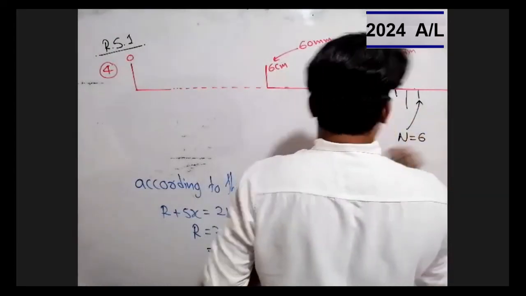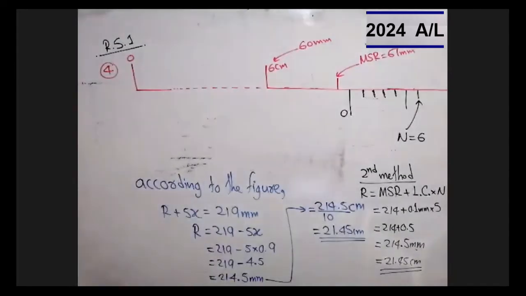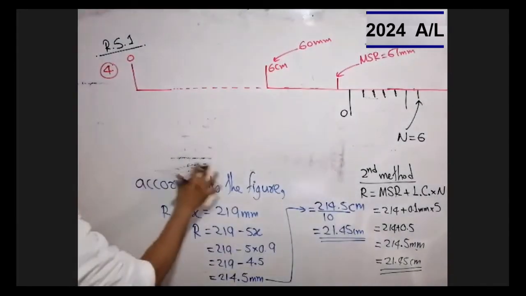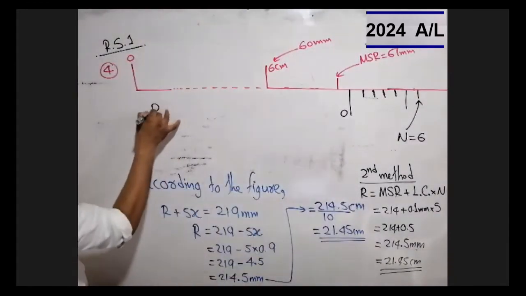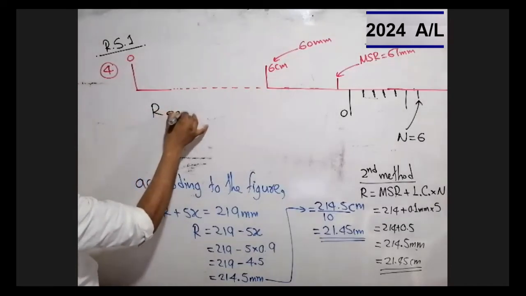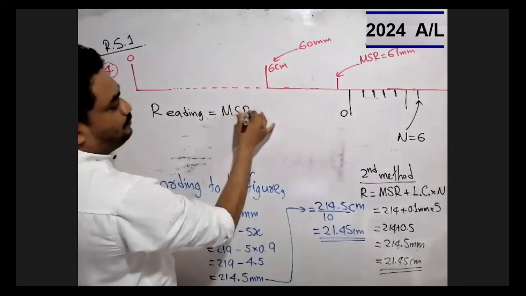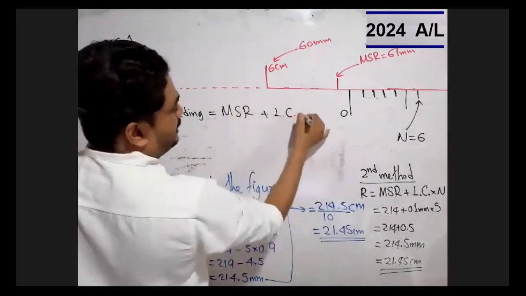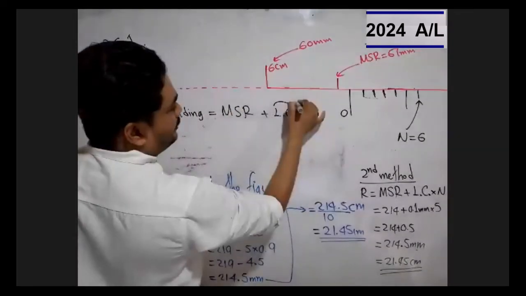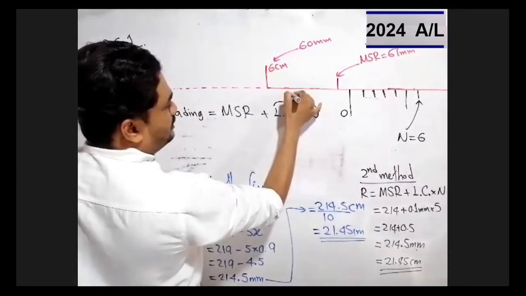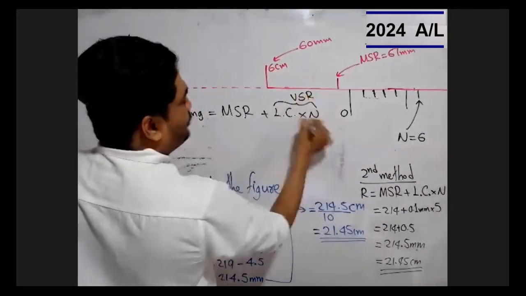N equals 6. Here I'm not going to use the figure method. I need to use the second method. So reading equals main scale reading plus vernier scale reading. Vernier scale reading can be found by the equation least count into coinciding number.